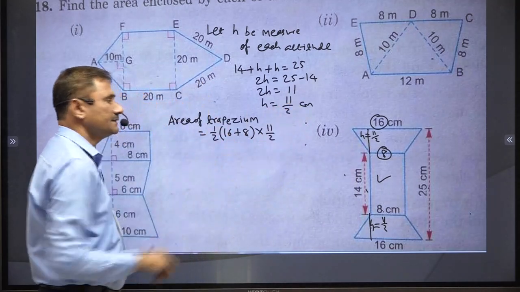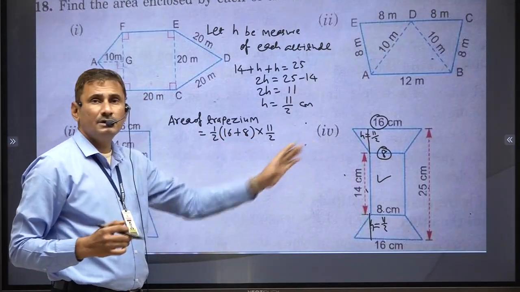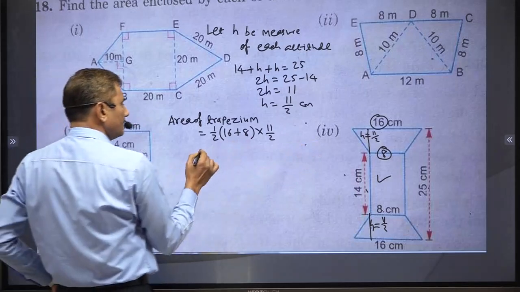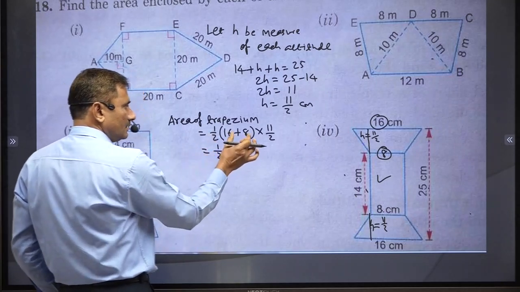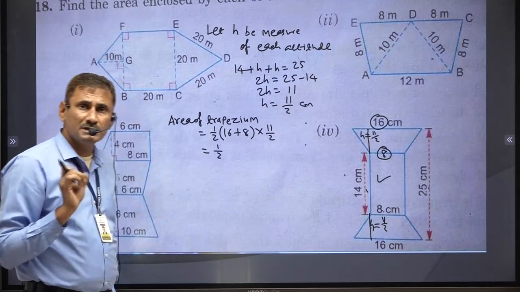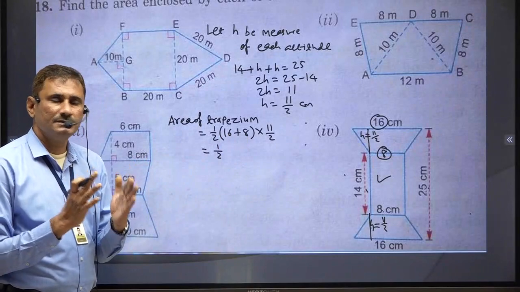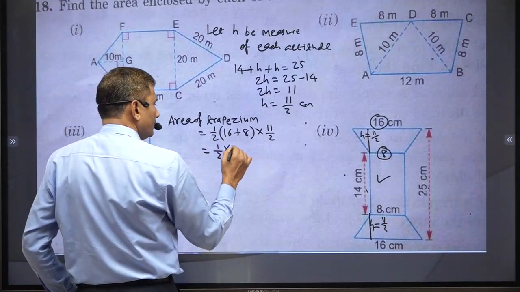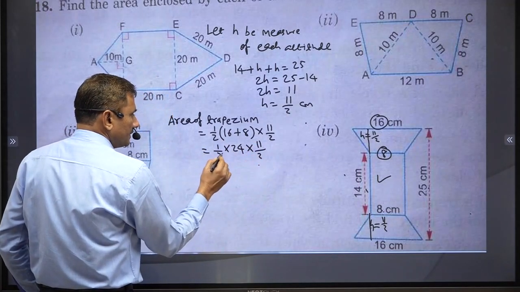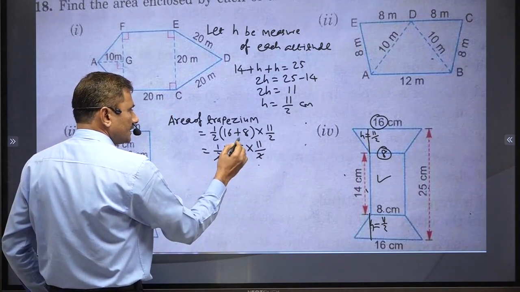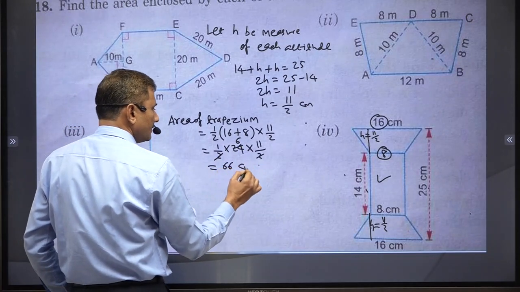I have not written the formula by name because no name is given to the figure, so directly place the value. So it is half. Don't cut 2 eights or 2 fours like that. First of all, simplify the bracket according to the BODMAS rule, B for bracket. Inside of the bracket, whatever is given, you should simplify it first. So it is 24 into 11 by 2. Now in the denominator it is 2, 2 into 4, 4 sixes are 24. So it is 66 centimeters square.